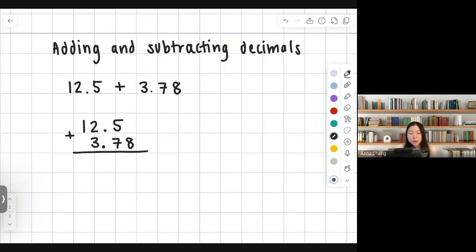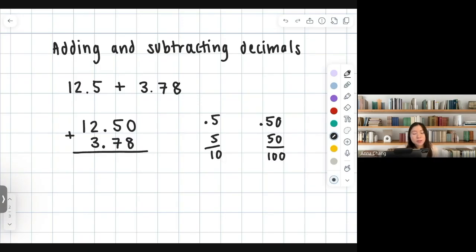After writing this, you might notice that something looks a bit off. There is a gap to the right of my 12.5. You can go ahead and actually fill that in with a 0 if you'd like. This is because adding zeros to the very end of your decimal value is not going to change the value at all. For example, 5/10 is exactly the same thing as 50/100.